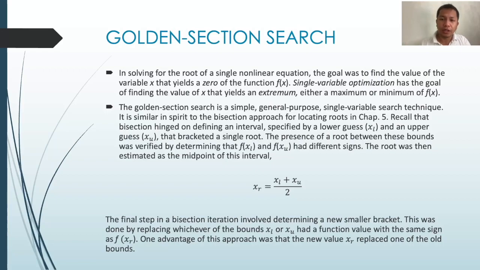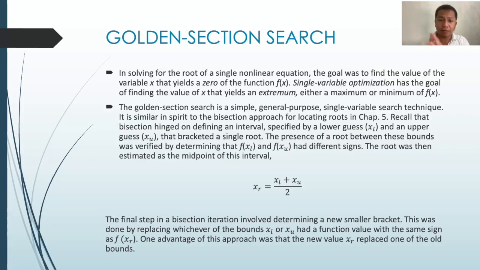Recall that bisection hinged on defining an interval specified by a lower guess xl and an upper guess xu that bracketed a single root. The presence of a root between these bounds was verified by determining that f of xl and f of xu had different signs. The root was then estimated at the midpoint of the interval, xr equals xl plus xu over 2.